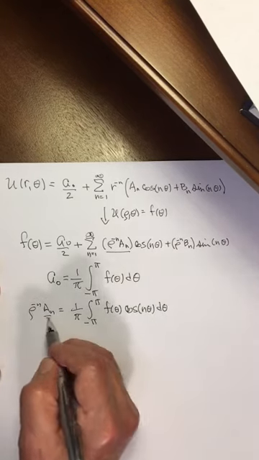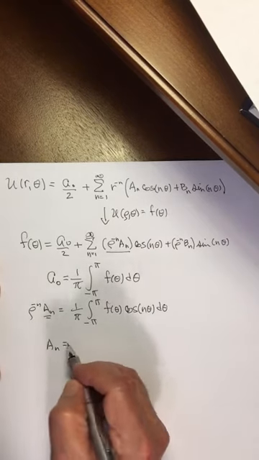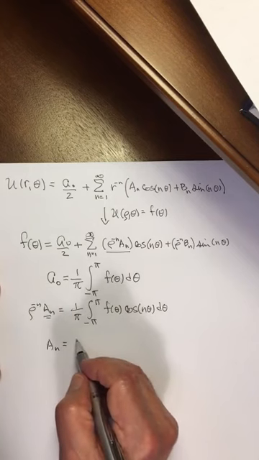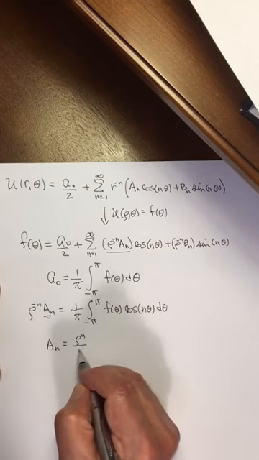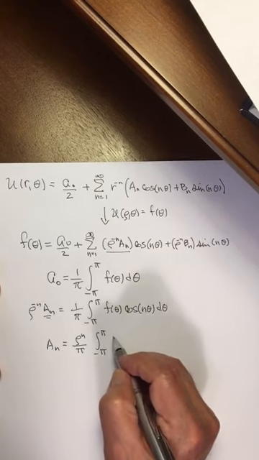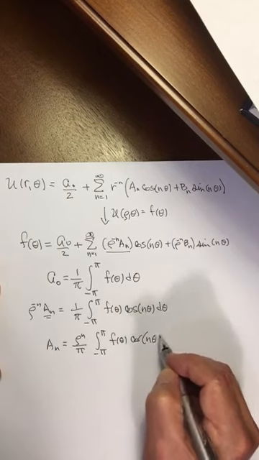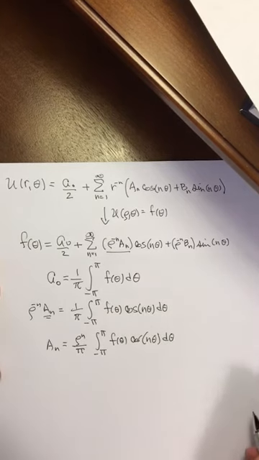And we want to solve for a sub n, which could be 1 over rho to the minus n. Let's write it as rho to the plus n over pi, integral minus pi to pi, f of theta cosine n theta d theta.